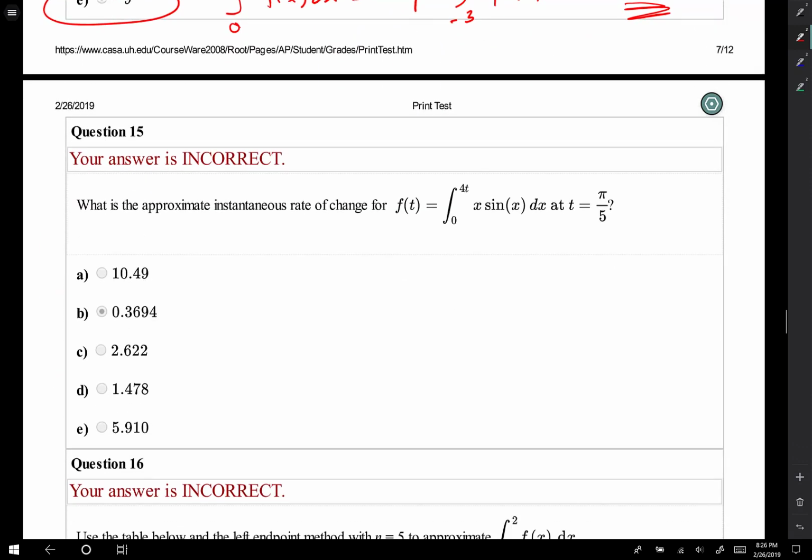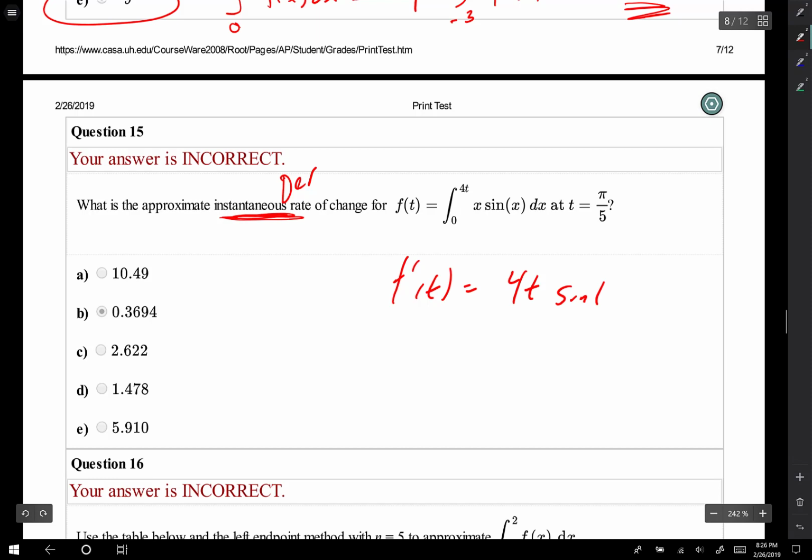Let's see, what is the approximate instantaneous rate of change? You're going to need your calculators because I can see decimals here. So take the derivative of this because it wants instantaneous. So that should tell you that you're going to be taking a derivative. So f prime of t is equal to 4t sine, so not 4t, 4x. 4t sine 4t.